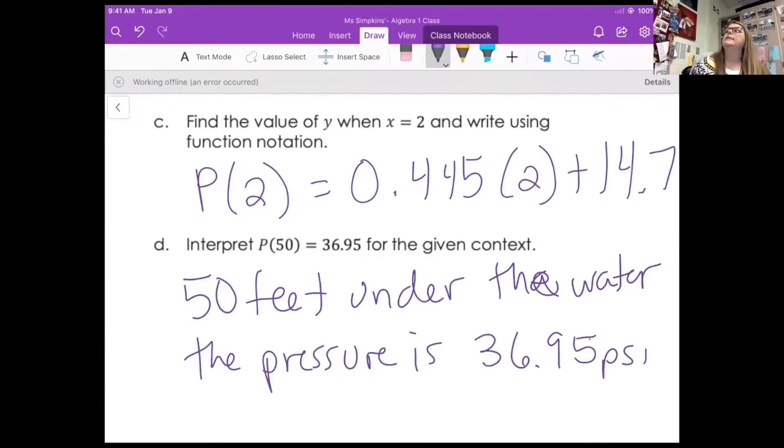So we didn't necessarily need to calculate anything. We just need to see that P of 50 equals 36.95 means that if I'm 50 feet under the water, my input is 50, I'm gonna have 36.95 pressure. My output would be 36.95.